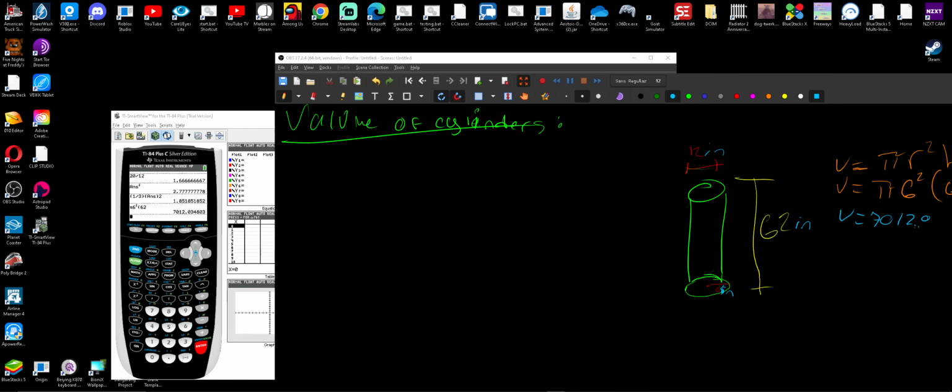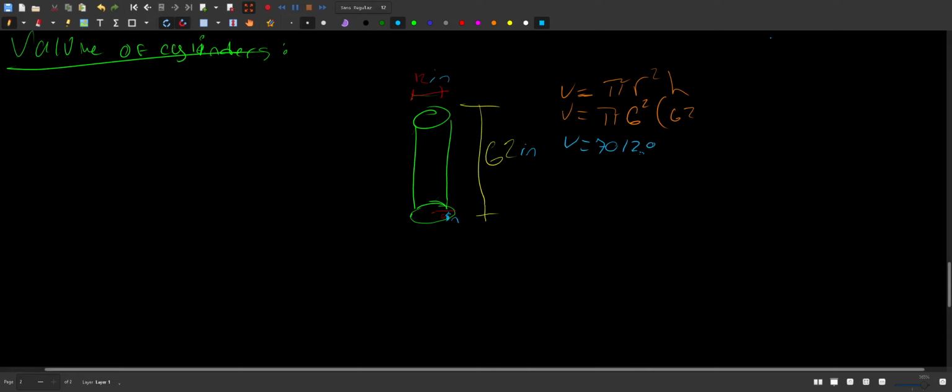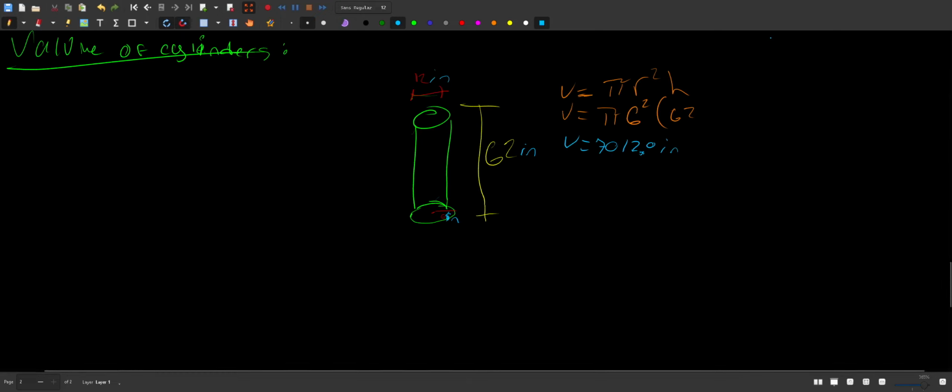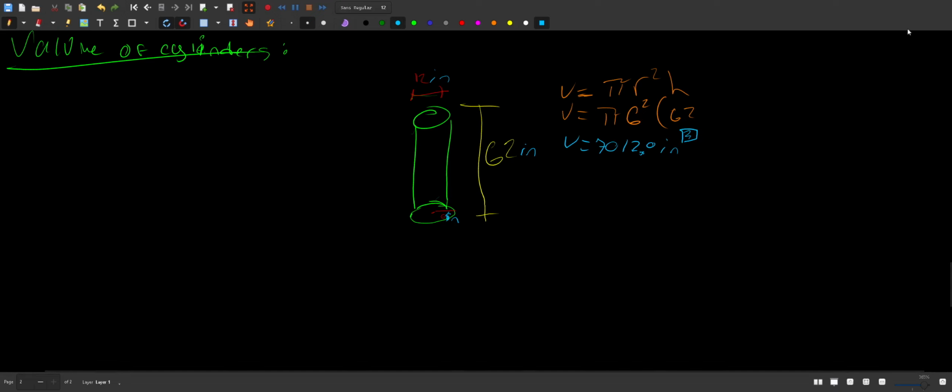You always have to put 0 even if it's 0. 0.0 inches cubed. And you're going to want to make sure it's cubed because this is 3-dimensional.